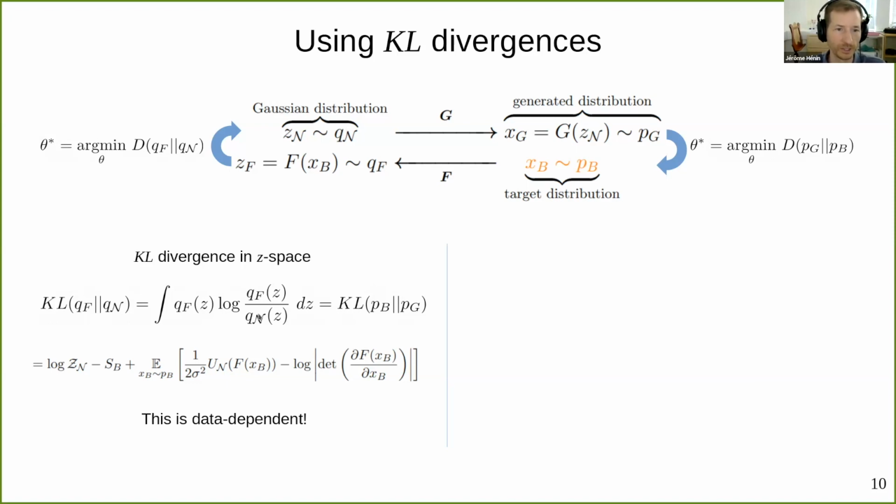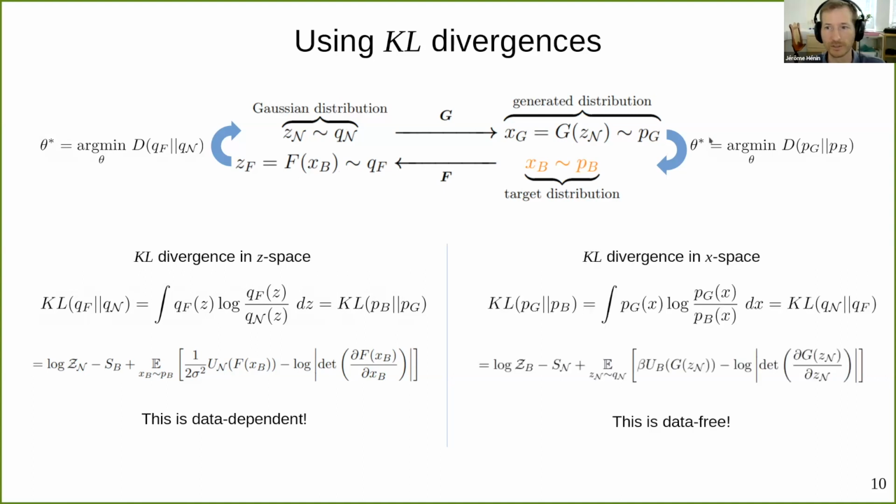So you can compute a KL divergence in this space and another one in that space. The one in this space, if you write it as it comes, uses an expectation value with respect to PB, so you need data distributed according to PB. If you look at the one on the other side, if you write it naturally, it's just an expectation with respect to normal inputs that you pass through the network. So this is naturally data free.